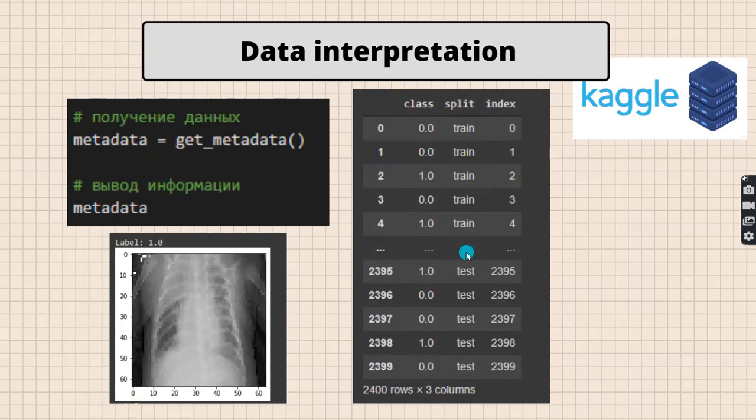There's also a division into training and testing data. Training is aimed to provide the learning information, and testing is to just check if the model evaluates the answer correctly. Here we're just getting data, getting metadata, and representing data, just output.